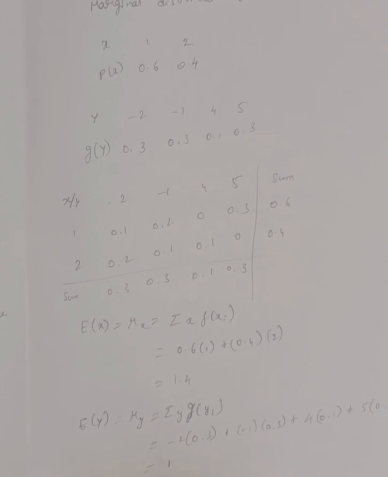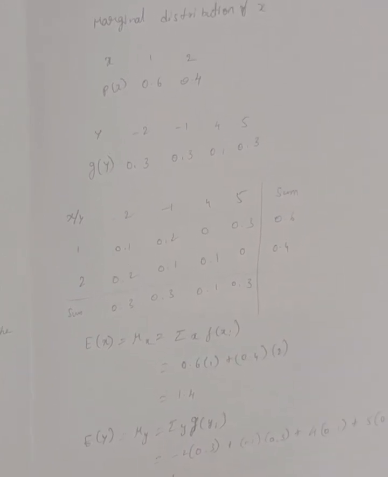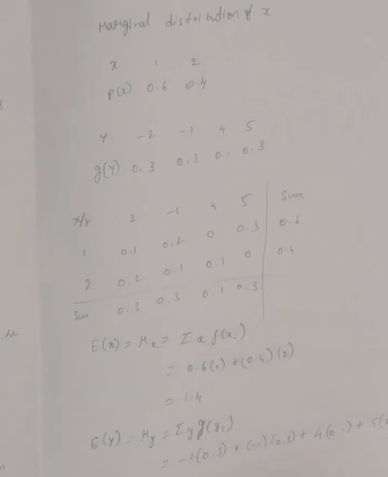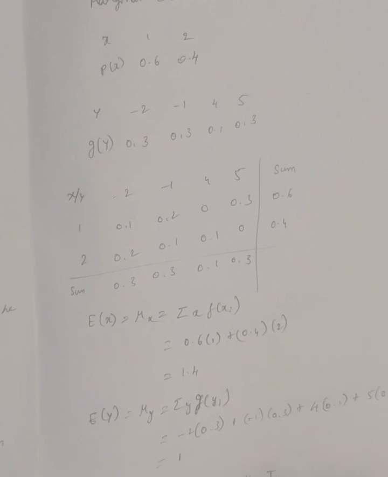E of XY is mu xy, the summation over i, j of xi yj f of ij.